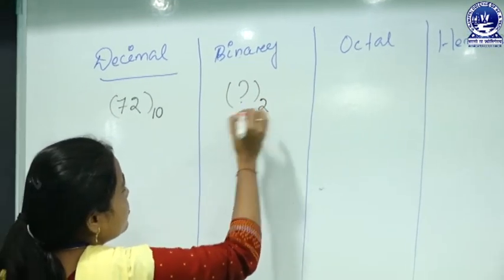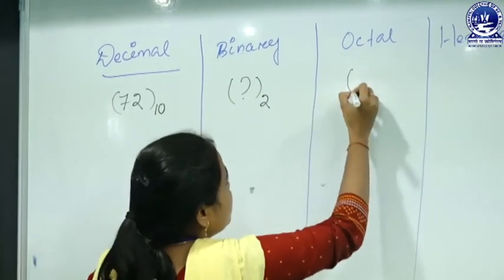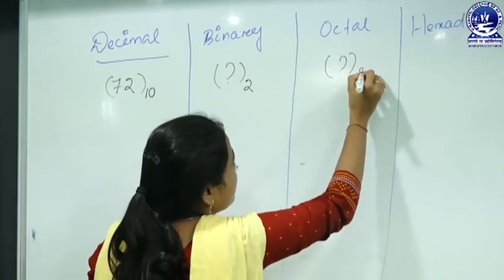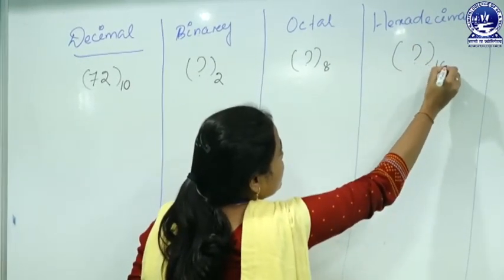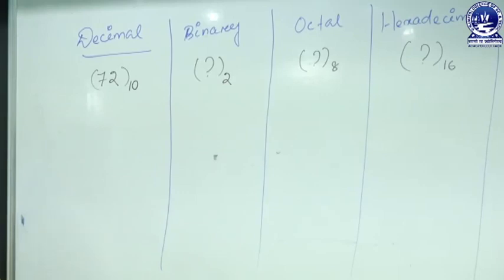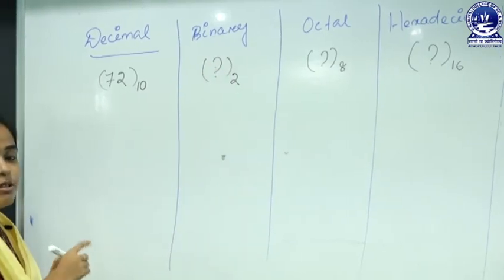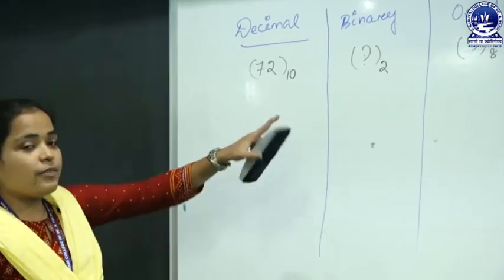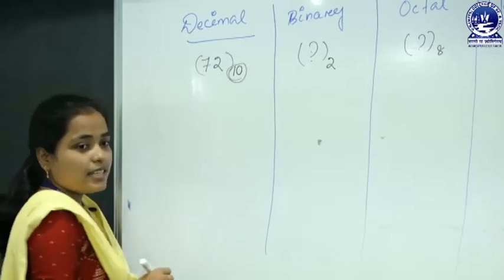For a binary number the radix value is 2, for an octal number the radix value is 8, and for a hexadecimal number the radix value is 16. And we have to fill these question marks. What will be the representation in different forms? So, what is the meaning of this radix?